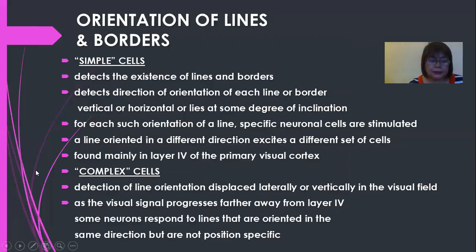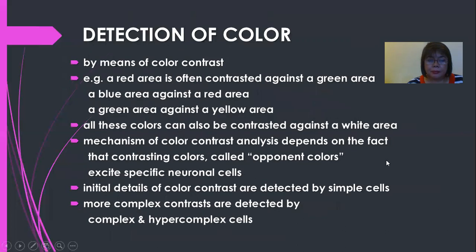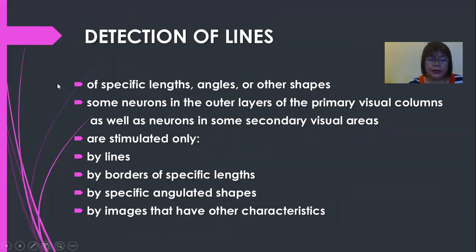The complex cells detect line orientation displaced laterally or vertically in the visual field. As the visual signal progresses further and further away from layer 4, some neurons respond to lines that are oriented in the same direction but are not position specific. So in the detection of lines of specific lengths, angles, or other shapes, some neurons in the outer layers of the primary visual columns, as well as neurons in some secondary visual areas, are stimulated.